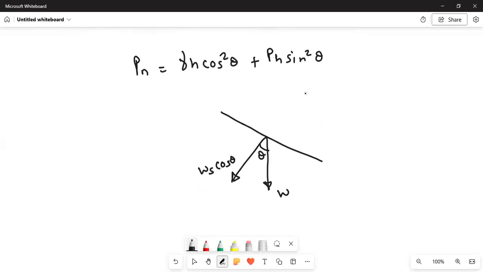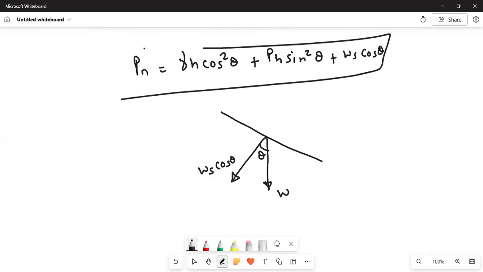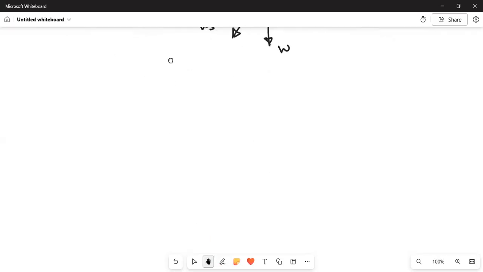If self weight is included, the formula of the Pn has Ws cos theta added. So this is the formula of the pressure on the sloping slab on the hopper bottom. By this formula, you will be able to calculate the pressure on the hopper bottom.